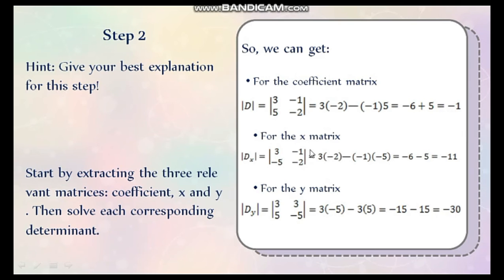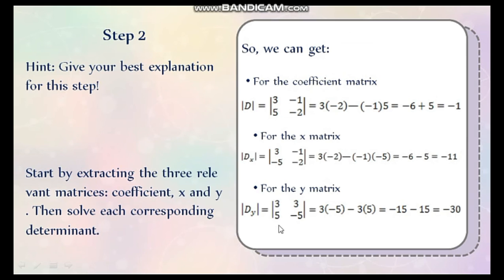Second, for the x matrix, determinant Dx equals the determinant of [3, minus 1; minus 5, minus 2], equals 3 multiplied by minus 2 minus minus 1 multiplied by minus 5, equals minus 6 minus 5, equals minus 11.